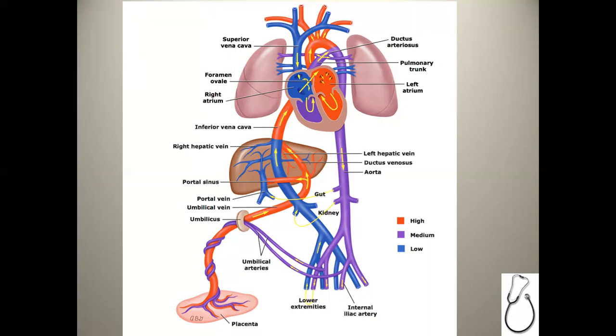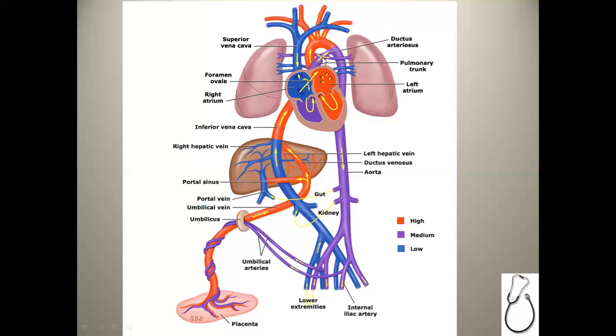Then it will be ejected through the pulmonary arteries. Because the pulmonary circulation, as I said, is vasoconstricted and the lung is filled by fluid, the pulmonary vascular resistance is higher than the systemic vascular resistance.